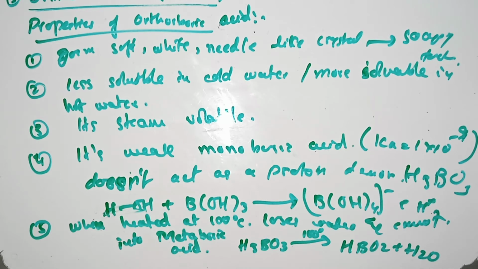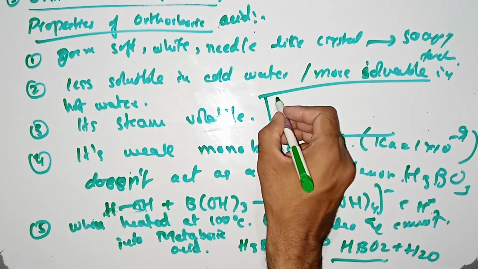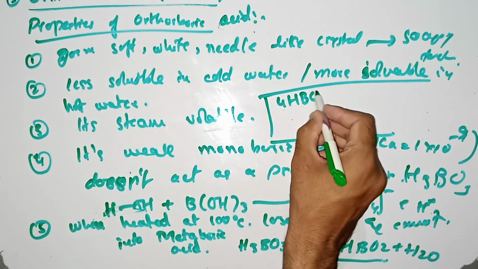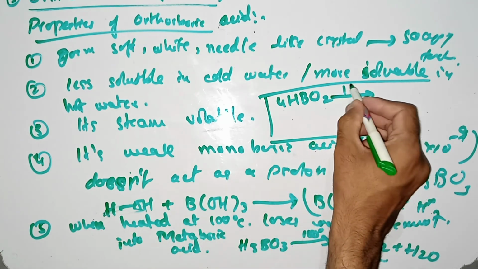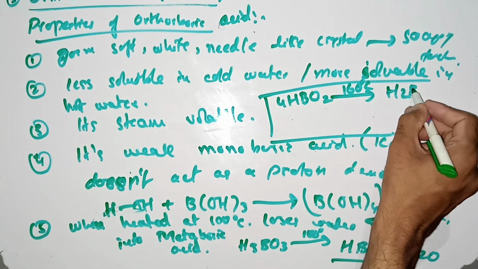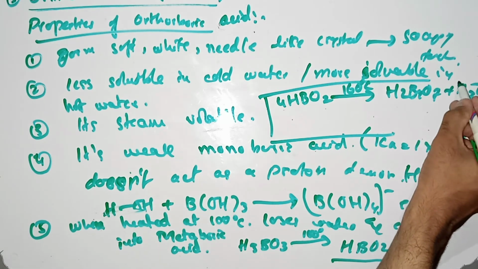When metaboric acid is further heated, when the temperature of the solution rises up to 160 degrees centigrade, it will produce tetraboric acid, H2B4O7.